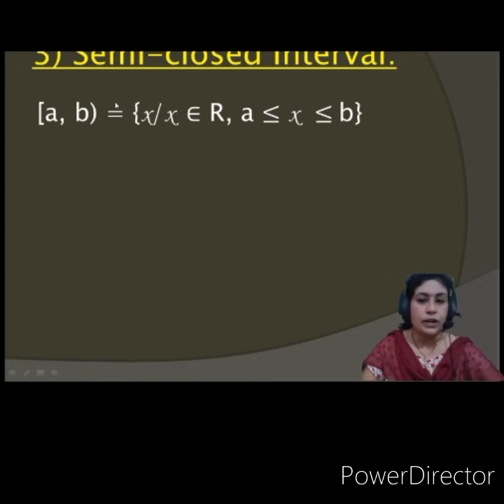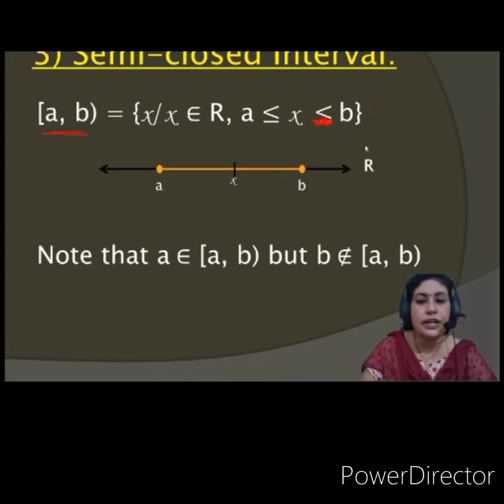But understand what it will be. It is the set of X such that X belongs to R, where X is greater than or equal to A, and this line is not there. So X is only less than B, but it is greater than or equal to A. It means that A is included in the set but B is not included.